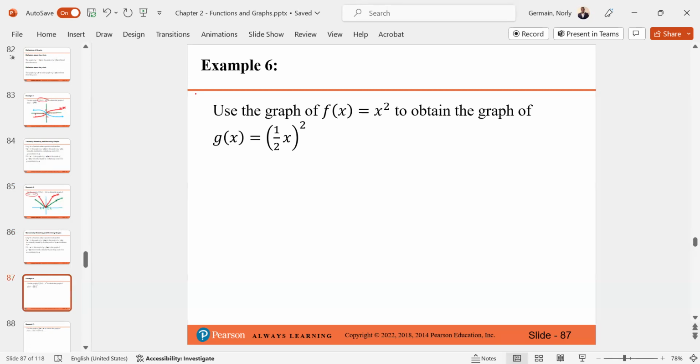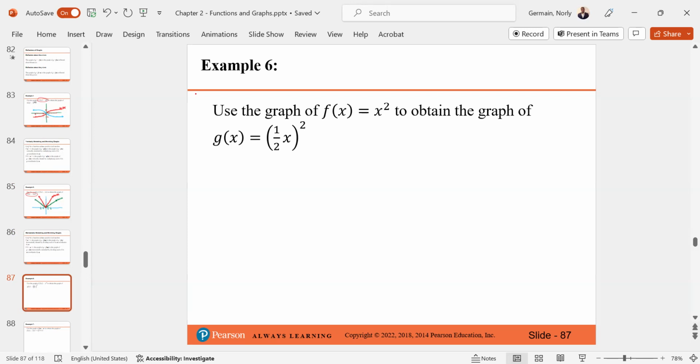Okay. Now, what we see here, we ask you to graph f of x equals x squared to obtain the graph of g of x equals 1/2 of x squared.